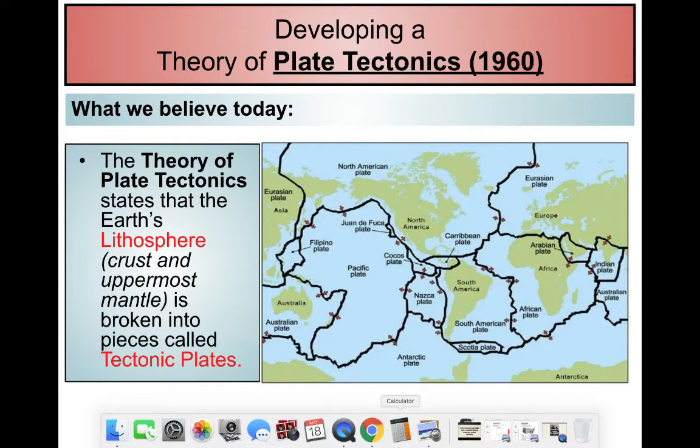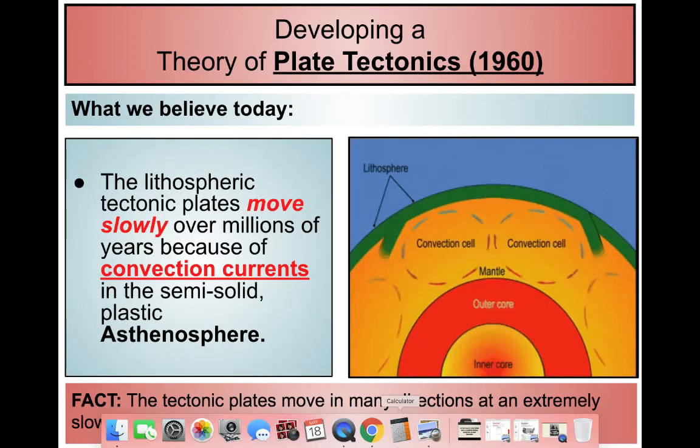The tectonic plates also are moving. We know that they are moving. We infer the motion is caused because of convection currents in the semi-solid and plastic asthenosphere. Remember that convection is a form of heat transfer that occurs in fluids.